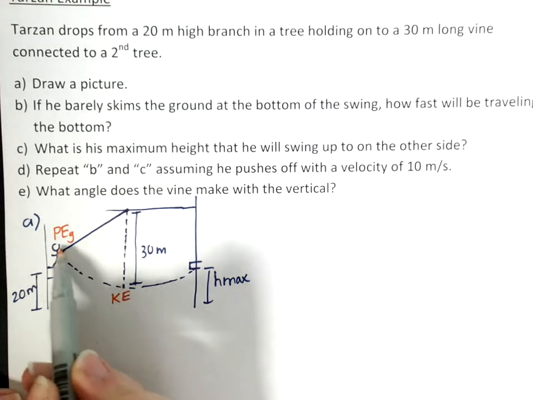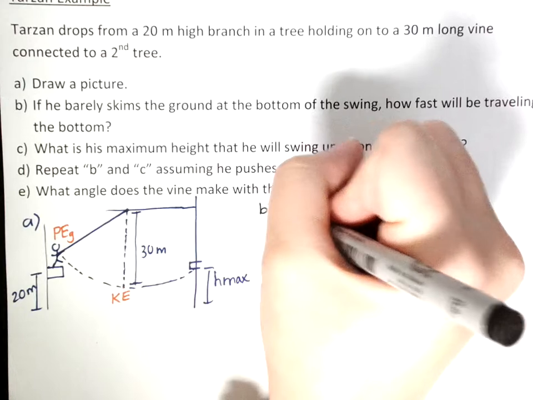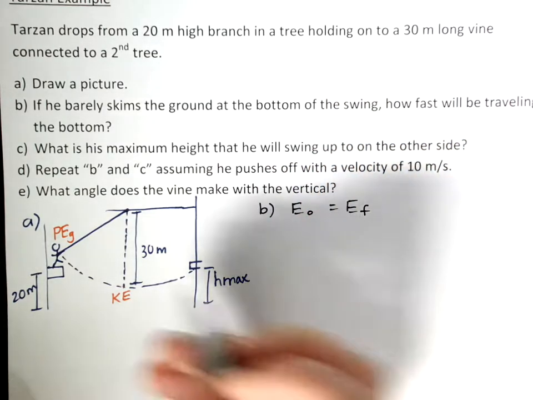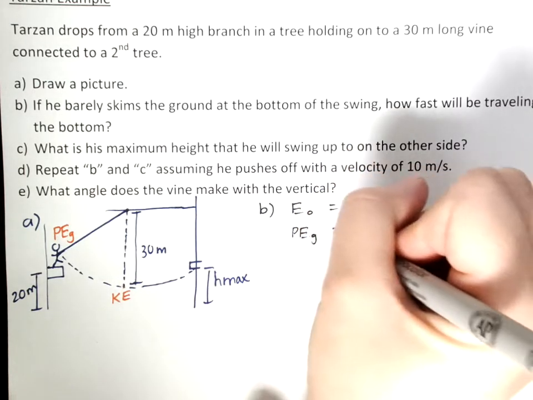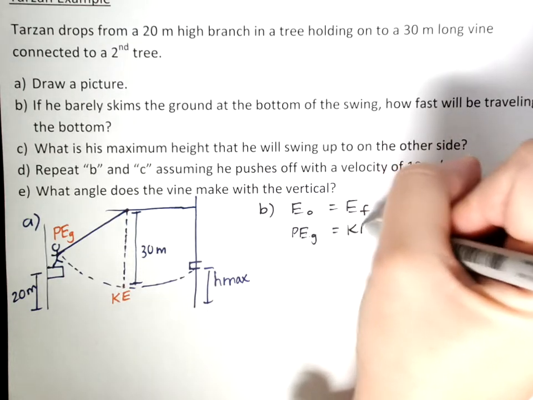So this is our initial position, and this will be our final position. So we always want to start out our equations looking something like this. Energy initial equals energy final. And in this case, the only kind of energy initial that he has is potential energy, gravitational. The only kind of energy he has at the end point is kinetic energy.